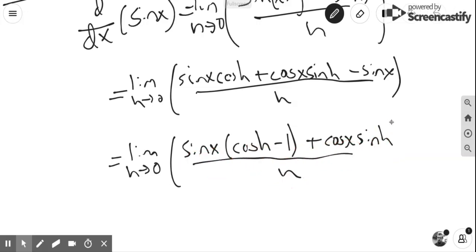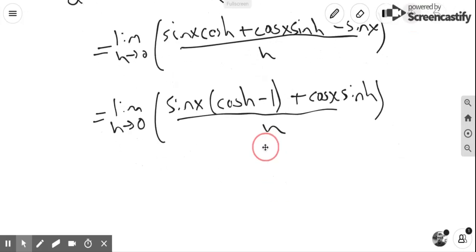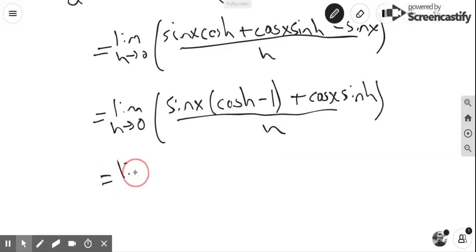So I took that sine of x for the first term and the last term up above and factored it out. I had cosine h minus 1, and then plus cosine x sine h. One of the properties of limits we're going to learn about is that if I've got this stuff plus this other stuff, I can break it apart into two parts: the limit of the one part plus the limit of the other.